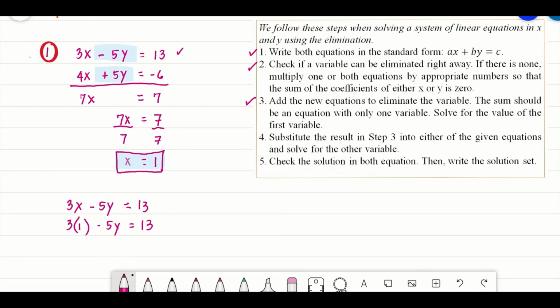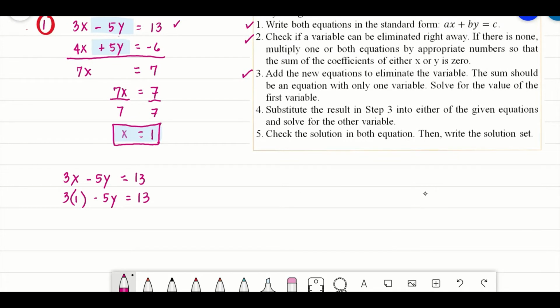Now, solving for y, we have 3 minus 5y equals 13. To solve for y, we need to isolate negative 5y on one side. So we have negative 5y equals 13, transpose 3, positive 3 becomes negative 3. So we have 13 minus 3.